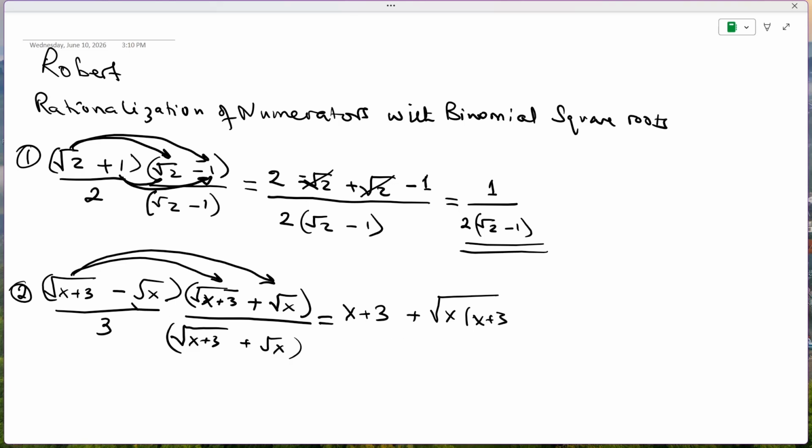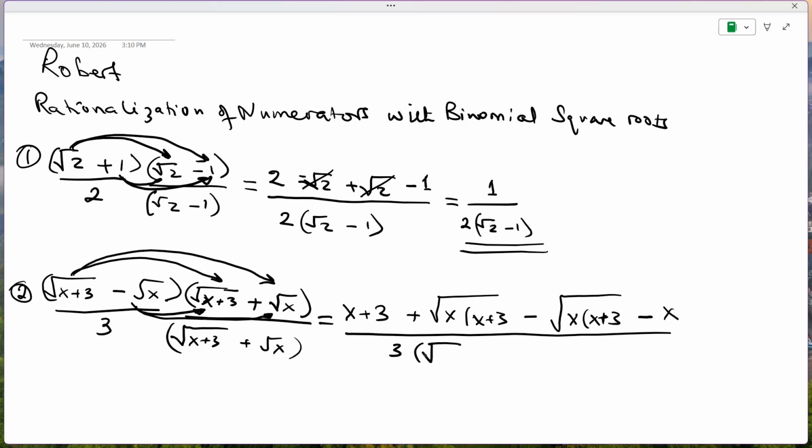And then minus root x multiplied by root x plus 3 will give us minus root x into x plus 3. And then minus root x times root x will give us minus x. And all this will be divided by 3 into root x plus 3 plus root x.